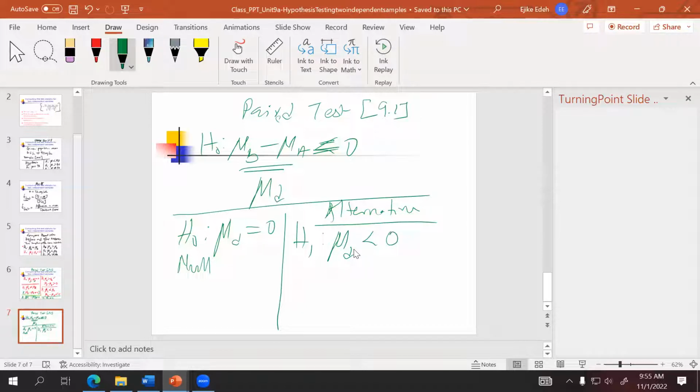Okay, that's one way to look at it. And this will be true if the heart rate before is smaller than the heart rate after. All right, so if this is true, if I subtract this, I should get less than 0.